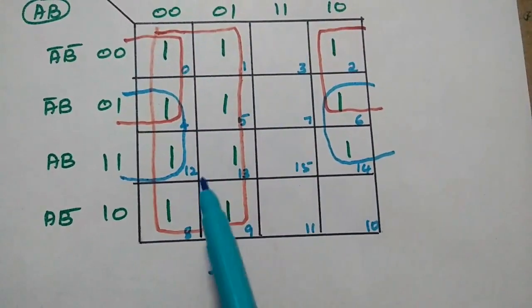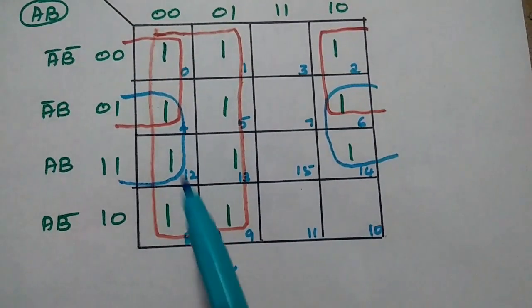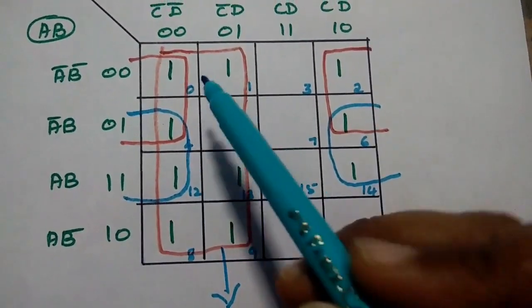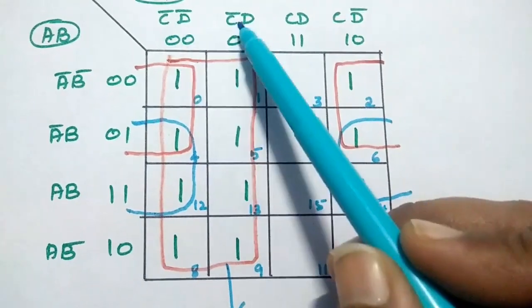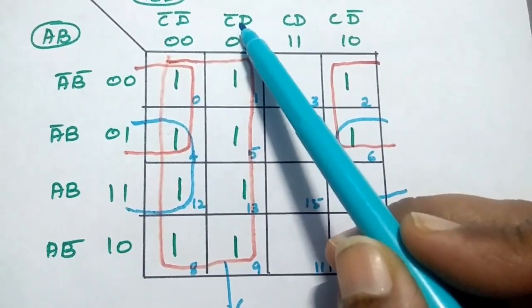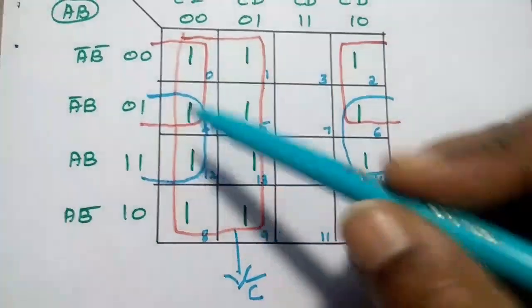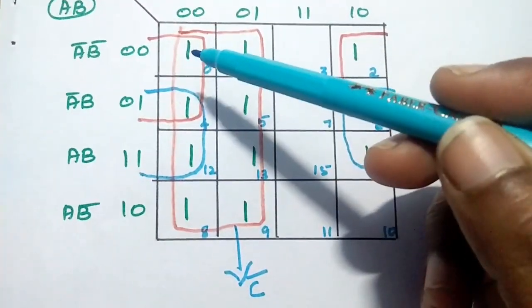Let's start with this octet. For this group of 8 ones, what is the Boolean expression? For these two rows, what is the common value? Here it is C bar, C bar. Here it is D bar, here it is D. Correct. So we can take C bar alone. What about these rows?